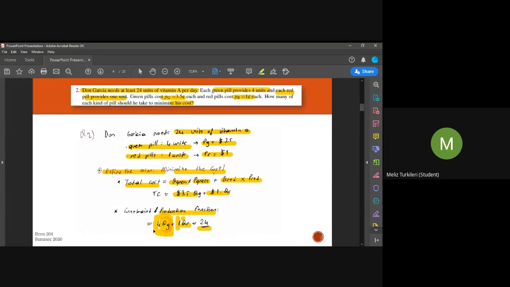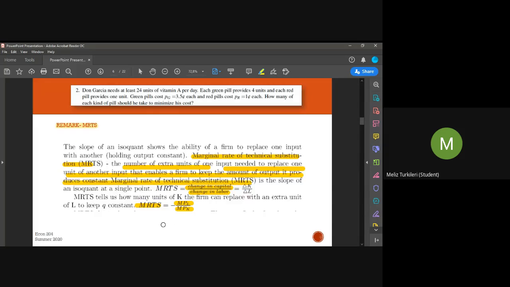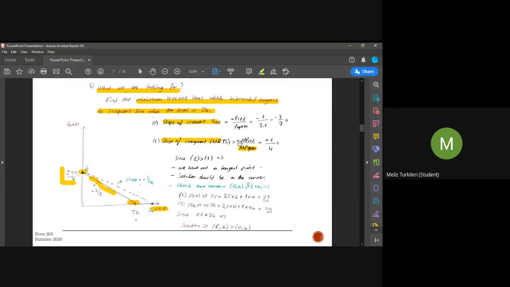If you take the partial derivative of this function with respect to the quantity of green and the quantity of red separately, you can find that marginal product of red should be equal to 1 and marginal product of green should be equal to 4. So I just plug this information into this part. Then it is equal to minus 1 divided by 4.